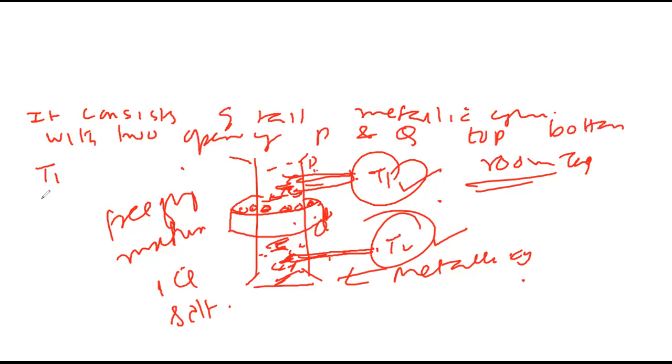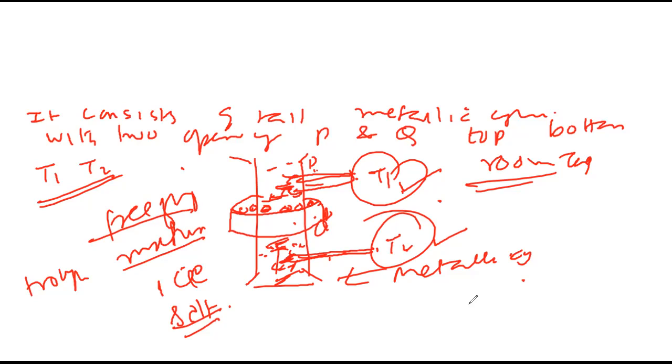Two thermometers T1 and T2 are inserted in P and Q. At the center, it consists of a cylindrical trough filled with freezing mixture of ice and salt. It is filled with pure water and temperatures are recorded by T1 and T2 at regular intervals. Clear? Apparatus?